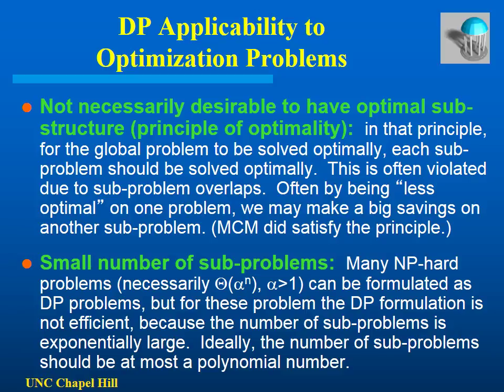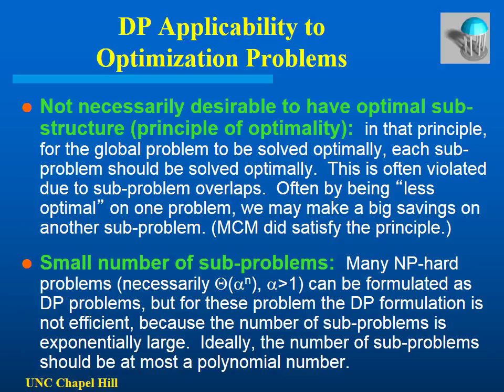It's often the case that by being less optimal on one stage, we may make a big savings on another stage, or in the case of subdivision, by being less optimal on one division, we may make a big savings on another division.